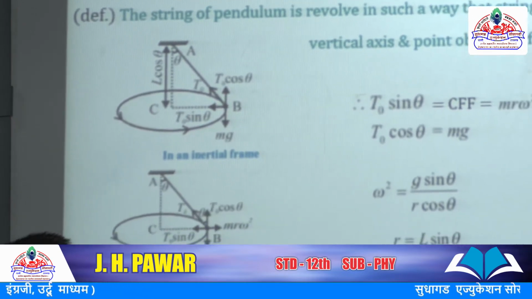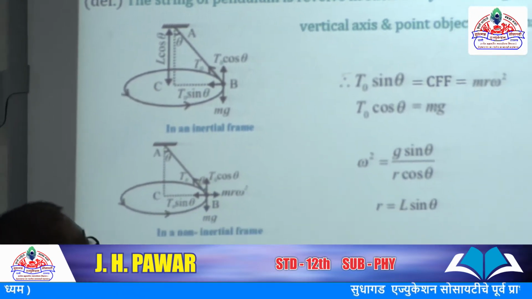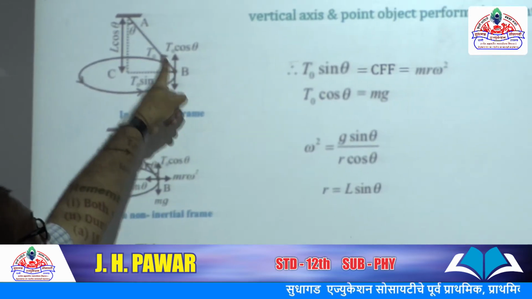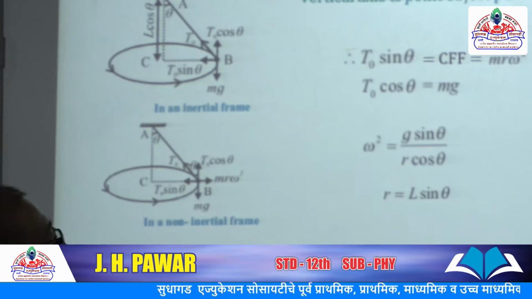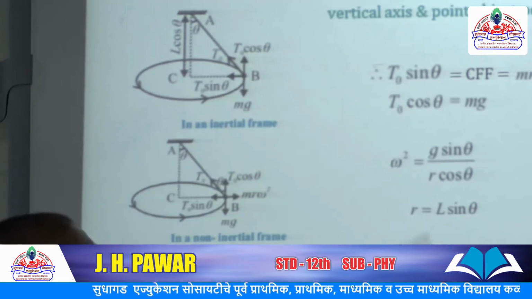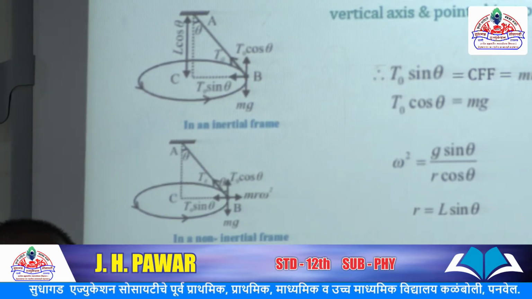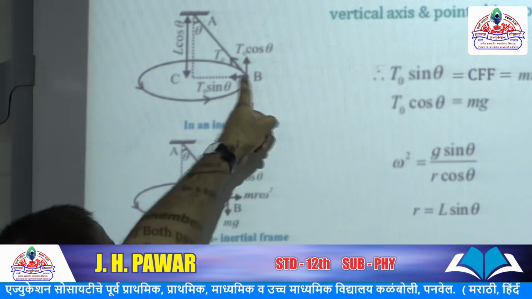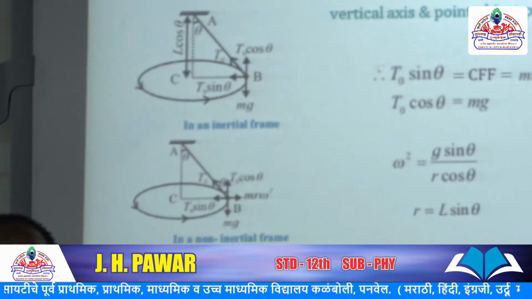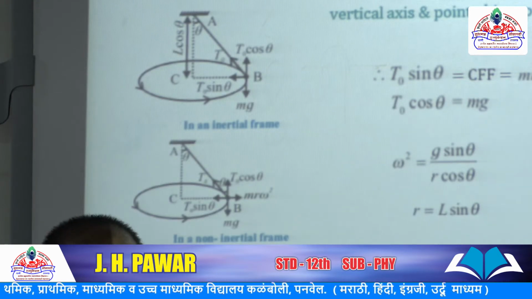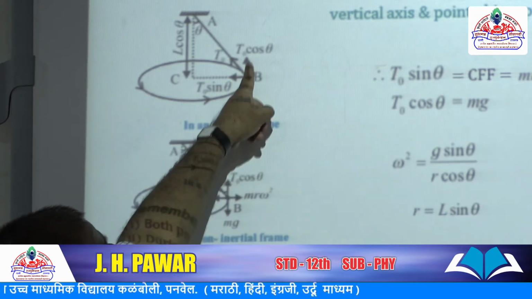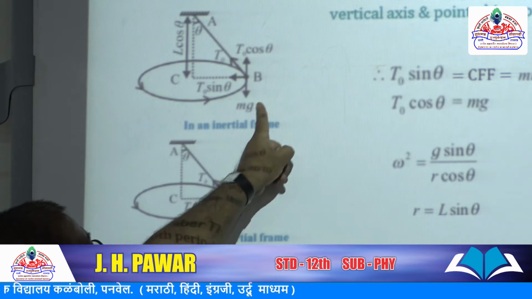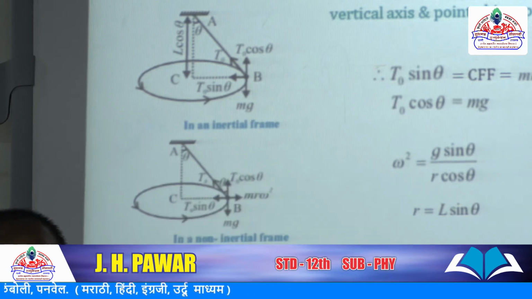For our convenience, this tension is resolved into two components: T0 cos theta, which is vertically upwards, and T0 sin theta, which is along the radius and toward the center. Now look here, the T0 cos theta component balances the weight of the bob.